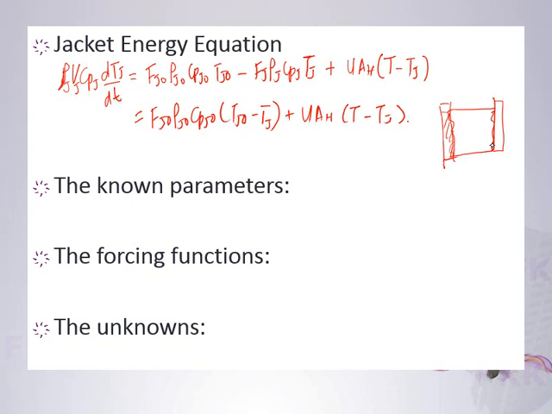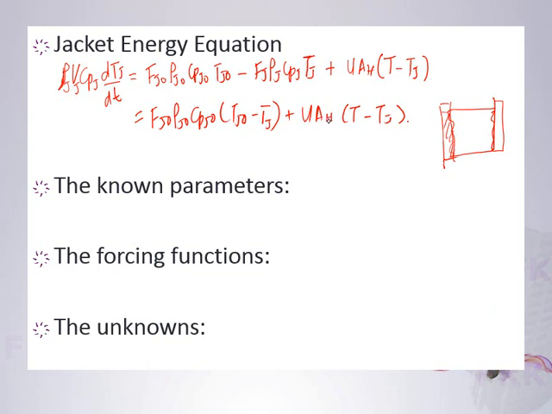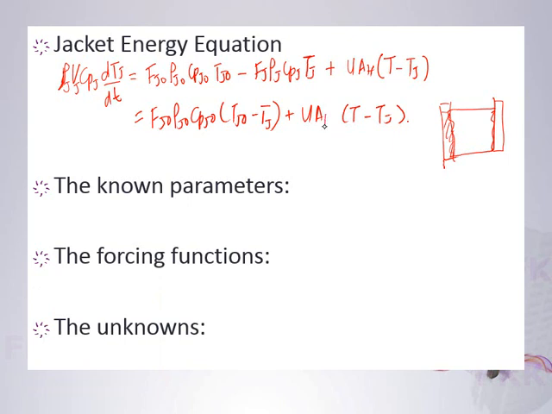So that one is AH, not A and H as separate things. It's the same nomenclature, because that's how they define it in the textbook. So I just write it here so that you won't be confused. This is the heat transfer area.